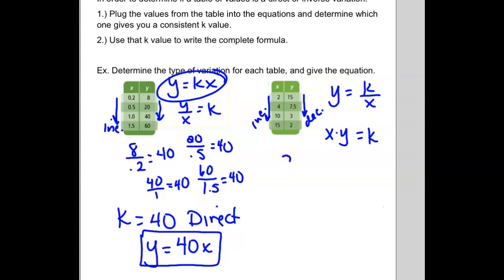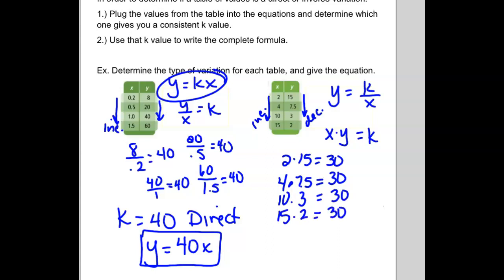So let's try. 2 times 15 would give us 30. 4 times 7.5, we get 28 plus another 2, that is also 30. 10 times 3 would be 30, and 15 times 2 would be 30. So it does fit an inverse variation. In this case, our k value was 30. So our formula would be y equals 30 divided by x.